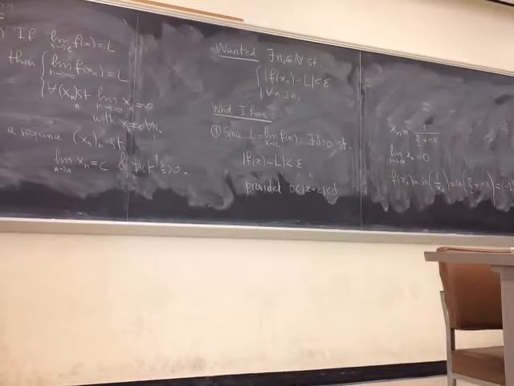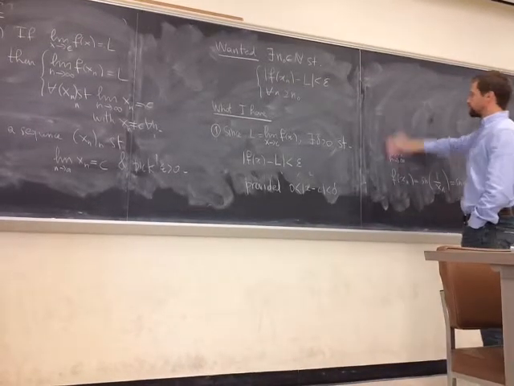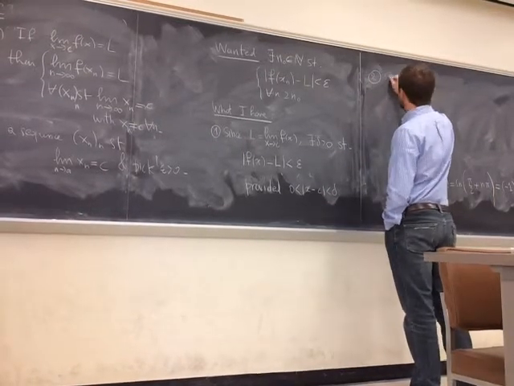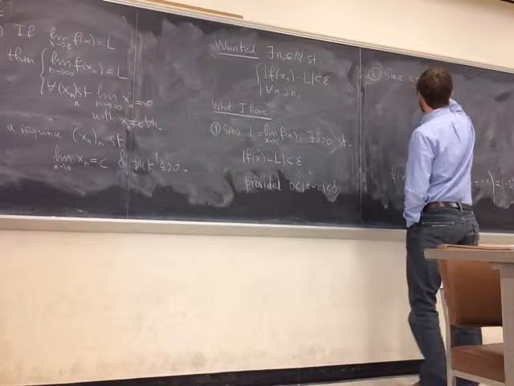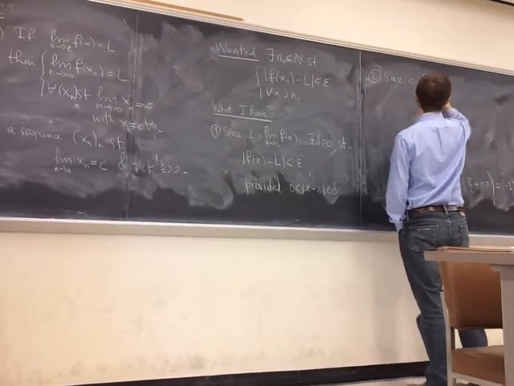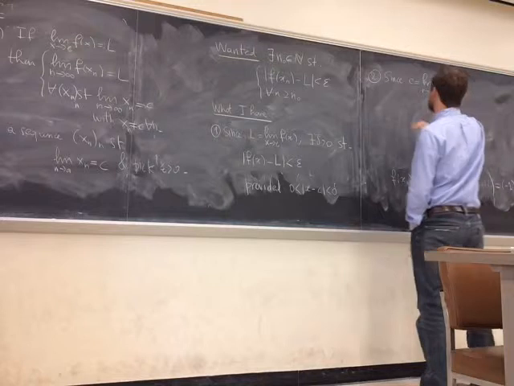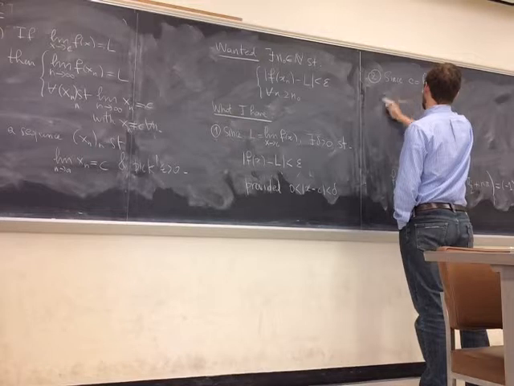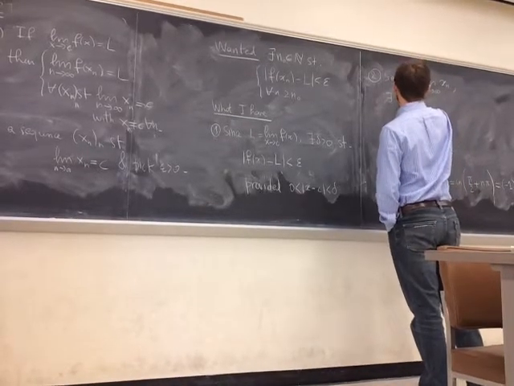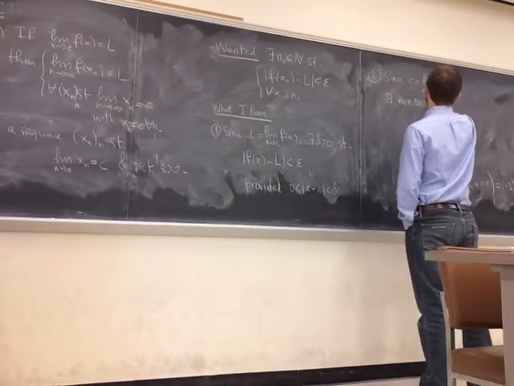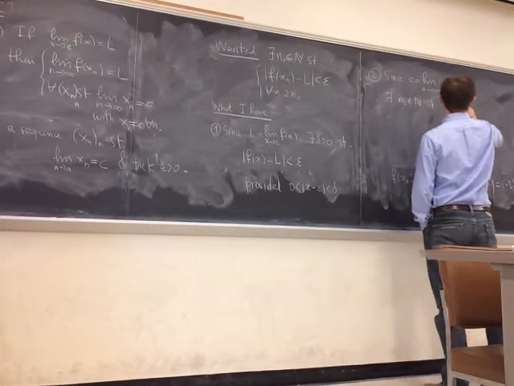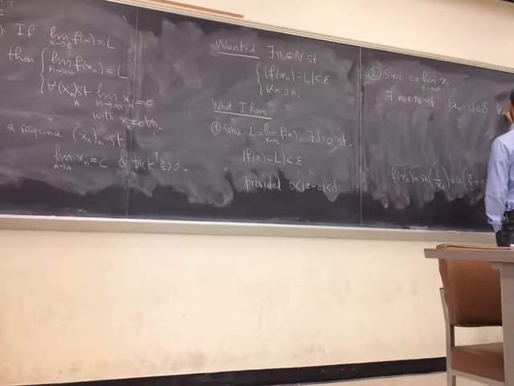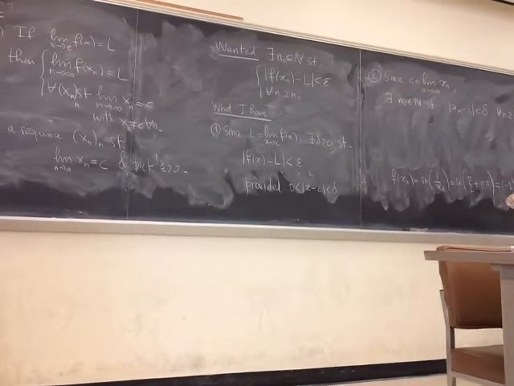Then I have property 2, right? Since c is the limit as n goes to infinity of xn, there exists a threshold n naught such that xn is delta close to c for every n larger than n naught, right?